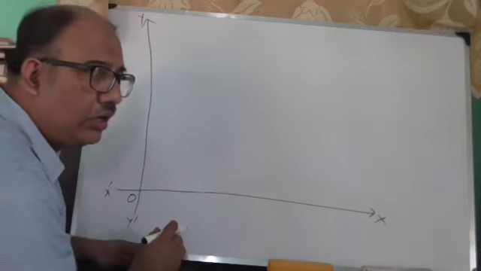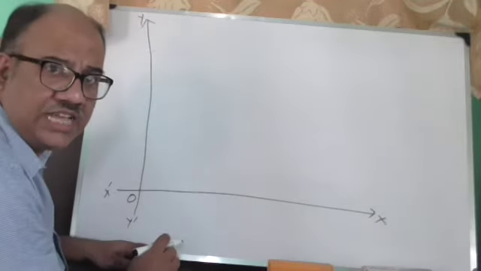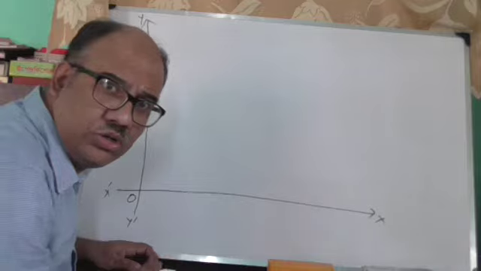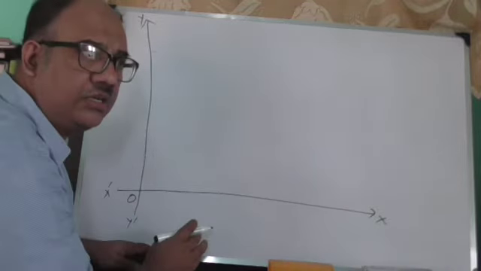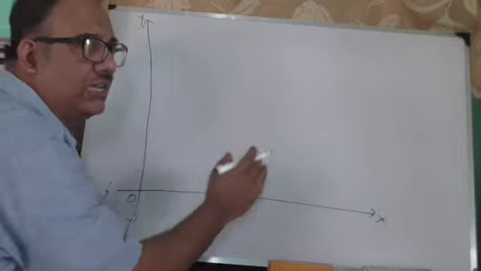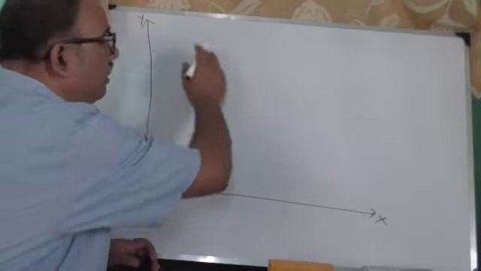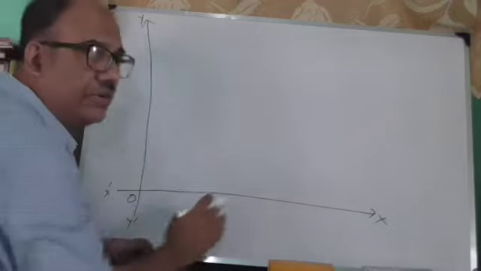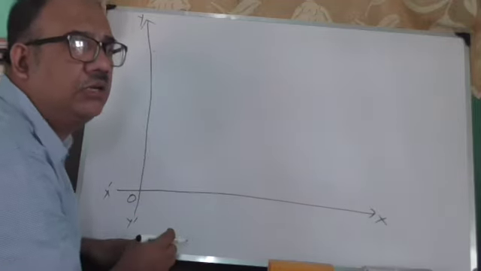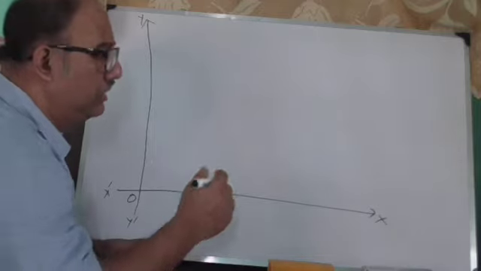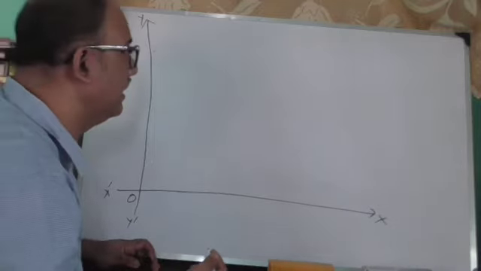Since we have the non-negativity restrictions, that is x and y are greater than or equal to 0, we will concentrate our discussion within the first quadrant. That means in the first quadrant, the values of x and y, both of them, are positive. So we will restrict our discussion to the first quadrant, and we will be using the rules to draw the equation of straight lines.